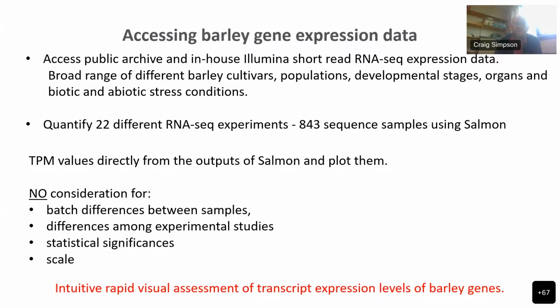And then you can download that information, and you can then do all the different statistical significance testing that you want to do. So what you end up with in these plots is a really intuitive, rapid visual assessment of transcript expression levels of barley genes. And we found these extremely valuable in comparing different sample sets and what each of the genes are doing in terms of expression levels.